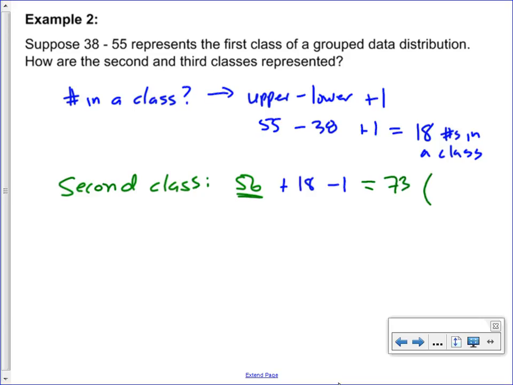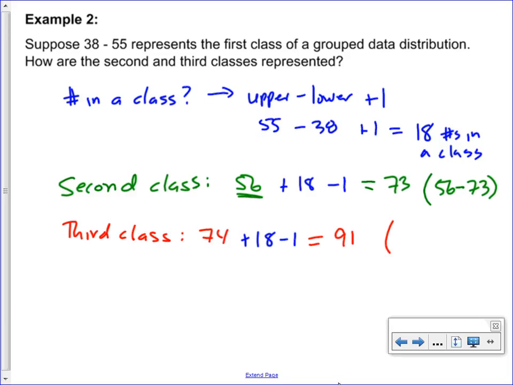So your second class goes from 56 to 73, right? And then for your third class, since the last one ended at 73, we start at 74, and add 18 minus 1, 91. So the third class would be from 74 to 91. Okay?